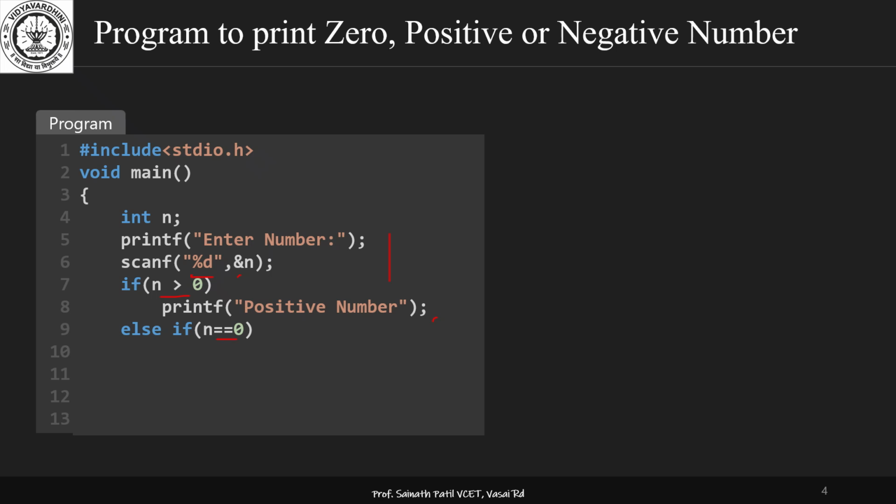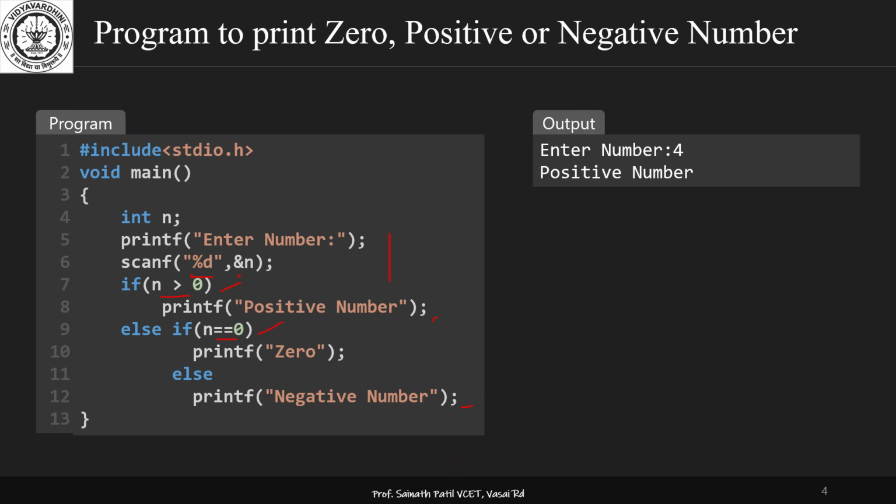If it is 0, we'll print "number is 0". If the number is not positive, that means the first condition is false. If the number is not 0, that means the second condition is false. So the number is negative. We go to the else part and print "negative number" and close the curly bracket. This is the end of the program.